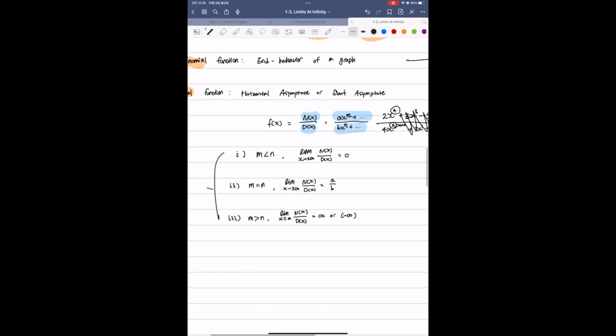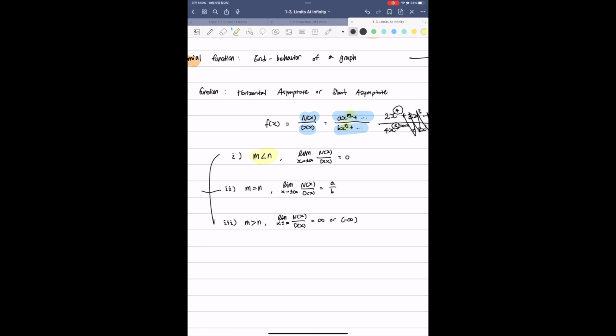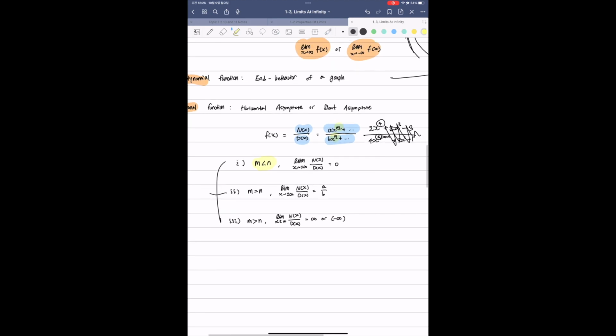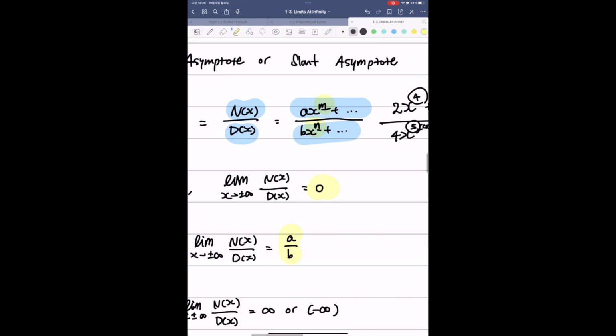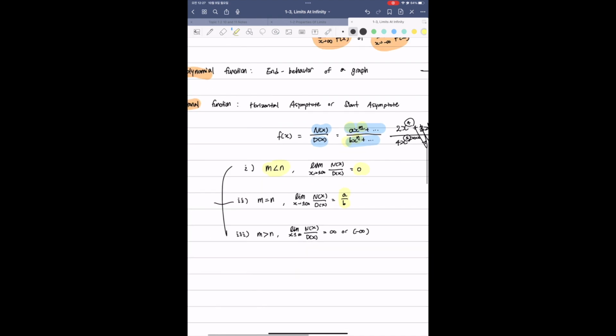So there are 3 rules. First, if m is less than n, m is here and n is here, then the limit should be 0. Number 2, if m equals n, then the answer should be a over b, which are the initial numbers attached to the function.